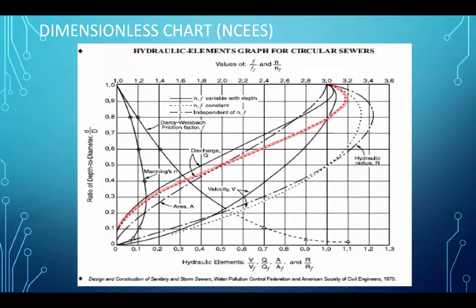If you don't want to build your own chart, the NCEES supplied reference has a hydraulic element chart for circular sewers, and there's lots of other sources of this particular chart. The one often of interest is this red line, where Manning's n is presumed to be constant regardless of the fill depth.